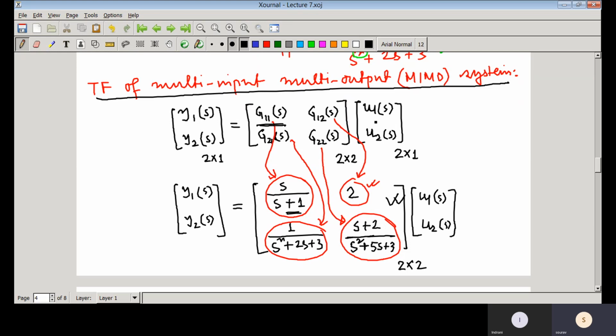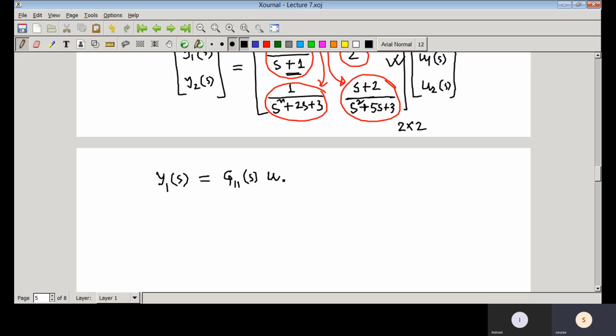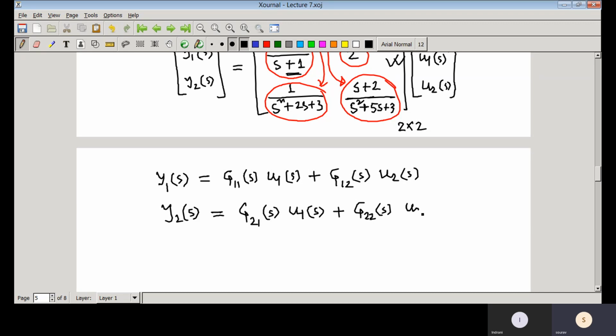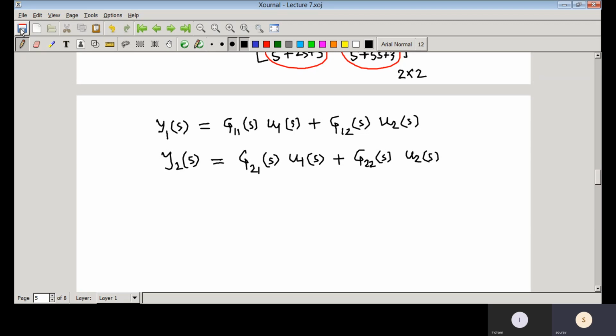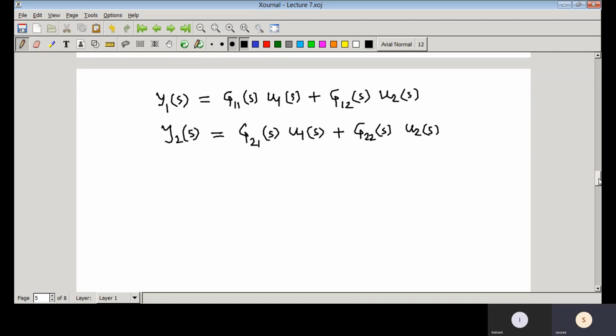So G11(s) into U1(s) plus G12(s) into U2(s). So this is that first equation, and the second algebraic equation you will get, that is G21(s) U1(s) plus G22(s) into U2(s).